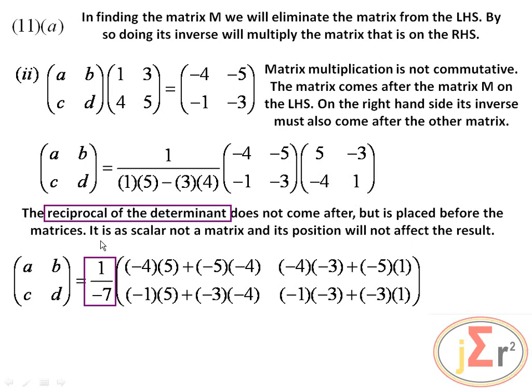The reciprocal of the determinant is a scalar. By multiplying by a scalar, what do we know? The scalar product is commutative. The scalar may therefore be placed at any location, as its position will not affect the values obtained.